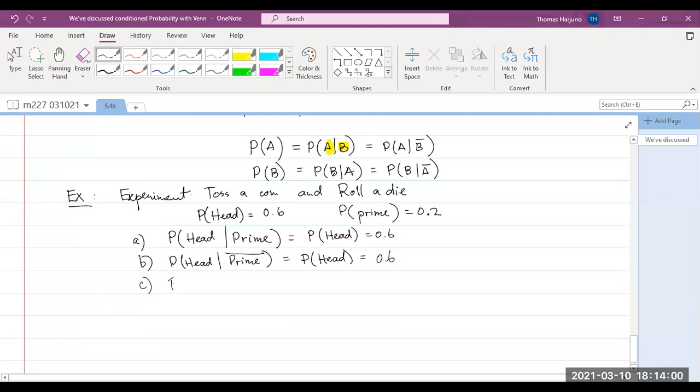What is the probability of getting prime, knowing when you toss that coin is not a head? Well, that's the same as the probability of getting a prime regardless of what you get with your coin, right? It's so independent. So what is then the probability of getting a head and prime at the same time?